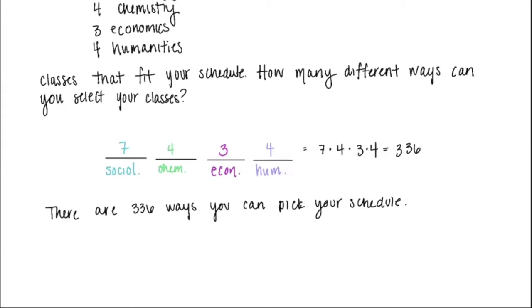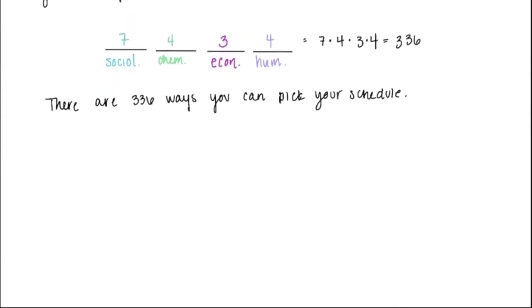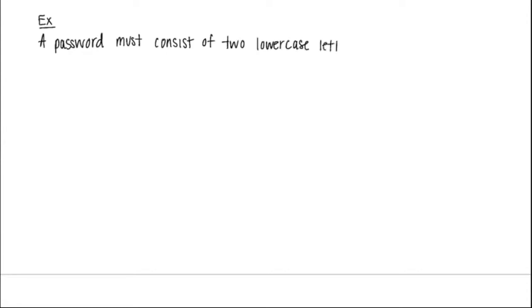Let's try some more of these before we get into what a permutation actually is. Let's work with some passwords. Maybe you have a very specific site. You might notice a lot of them require you have at least this many letters. You have to have a special character. You have to have a special number. Some of them don't let you do that. So maybe we're at a site and we're told a password must consist of 2 lowercase letters followed by 4 digits.